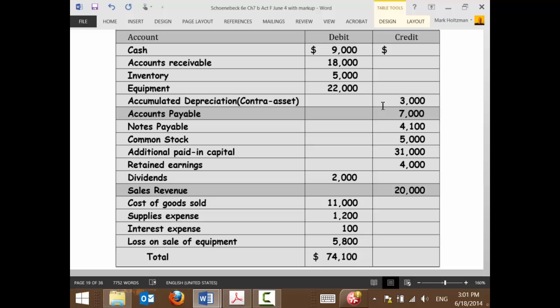And on the right side, 3 plus 7 plus 4.1 plus 5 plus 31 is 74,100 on the right side.